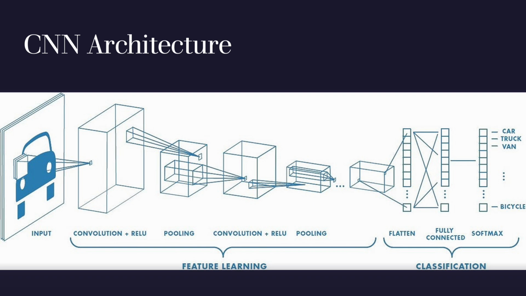Now once we have the output from the feature learning stage, we feed the output as an input to the classification subnetwork. Now the classification subnetwork is nothing but a fully connected layer, as I mentioned before, or a multi-layer perceptron.